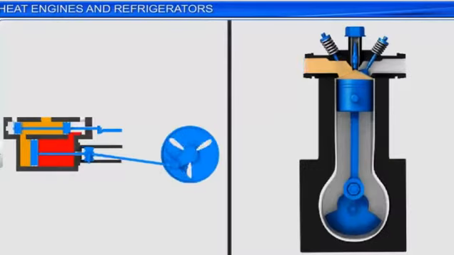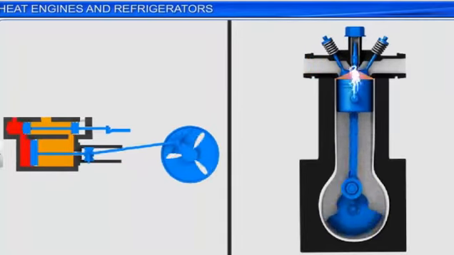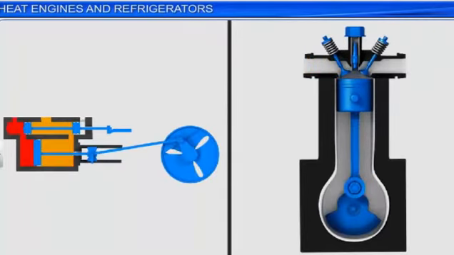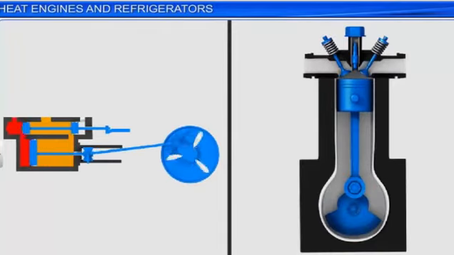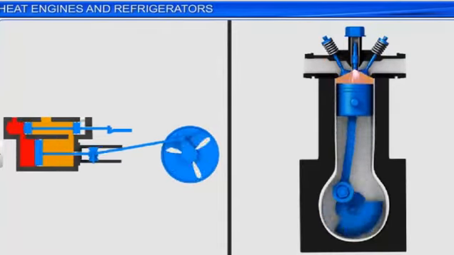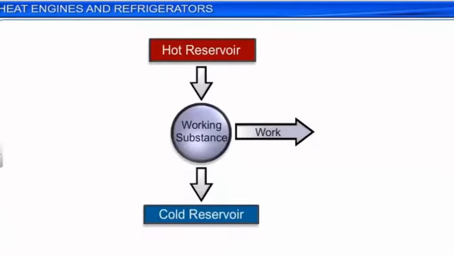The working substance undergoes a sequence of processes that finally leave it in the same state in which it started. Such a process is called a cyclic process.